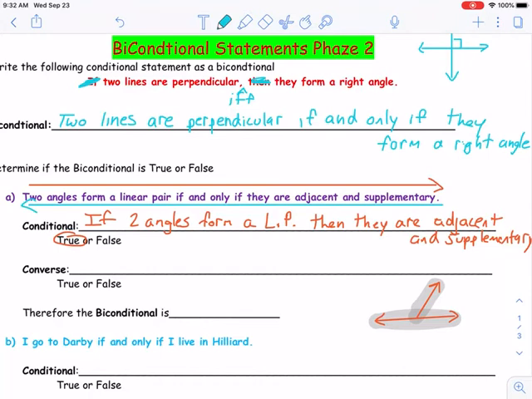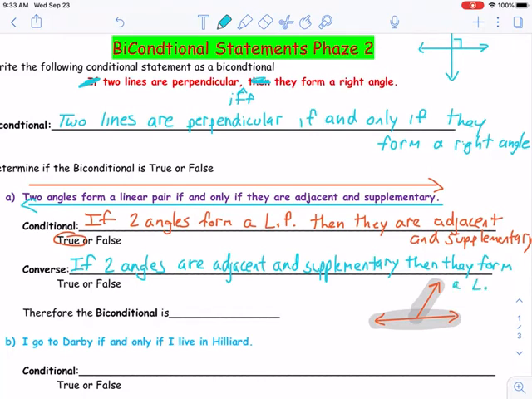So I'm going to put it in its converse form. If two angles are adjacent and supplementary, then they form a linear pair.